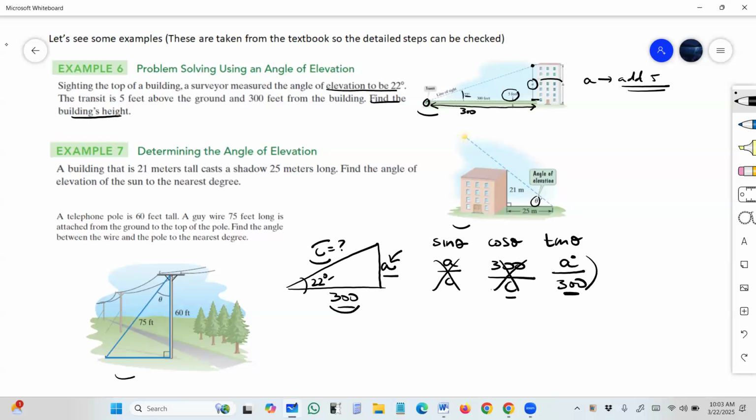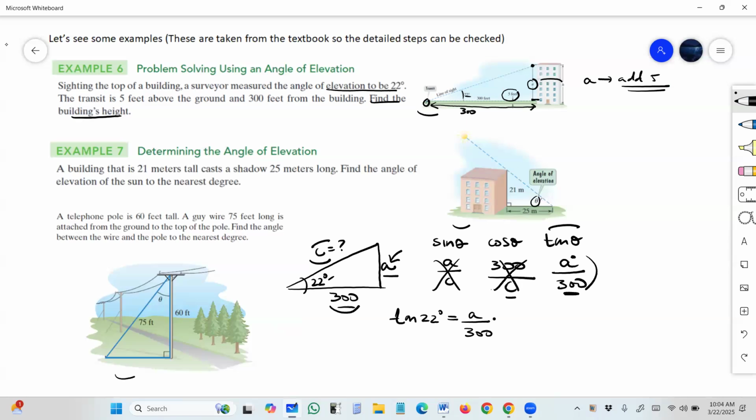All right, so the function that helps me is tangent. So now we set it up, and I have the angle already. So tangent of 22 degrees equals opposite side over adjacent.